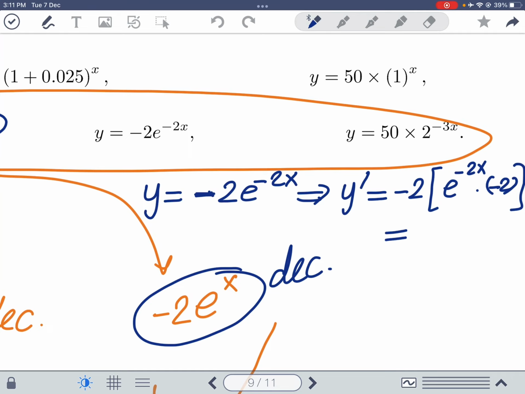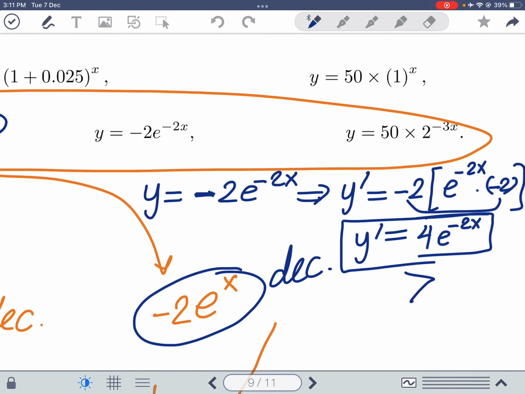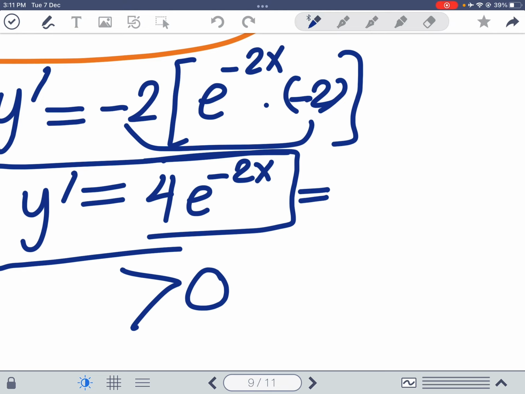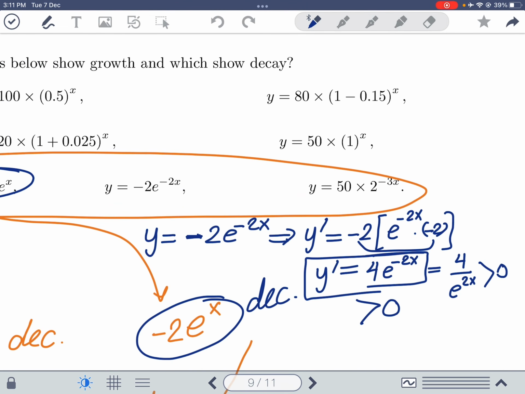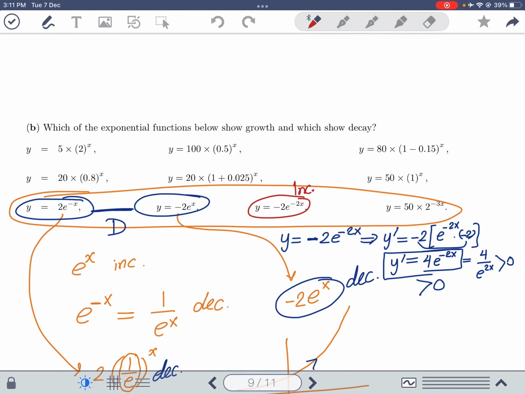That's why negative 2 times negative 2 gives you 4 e to the negative 2x. This is y prime. Notice it's always positive, because you can write it as 4 over e to the 2x, always positive, so the function is increasing. So I have to put this with the increasing color. So this is increasing or exponential growth.